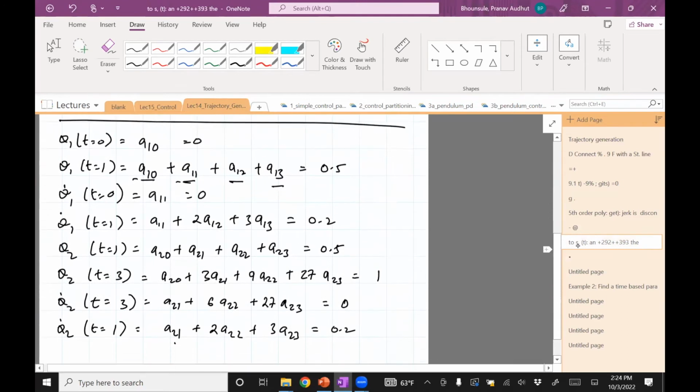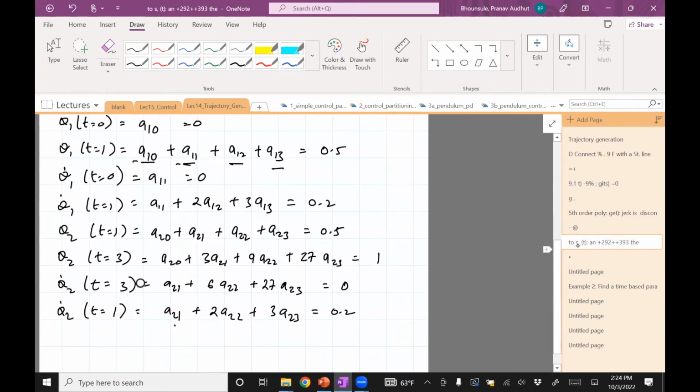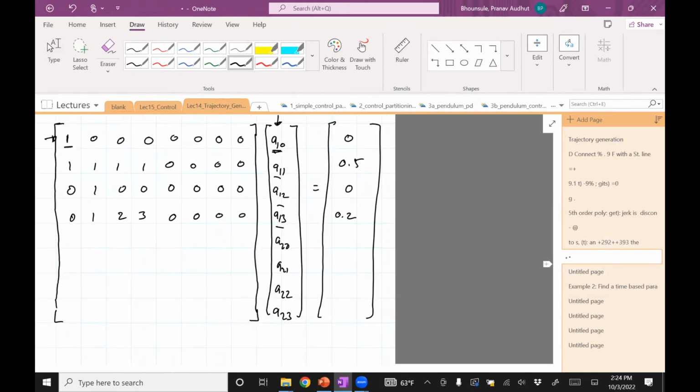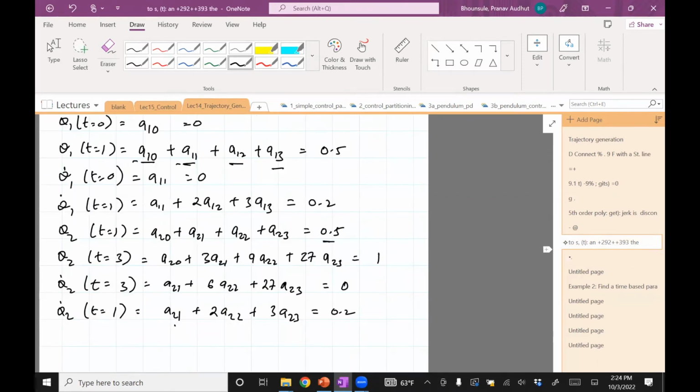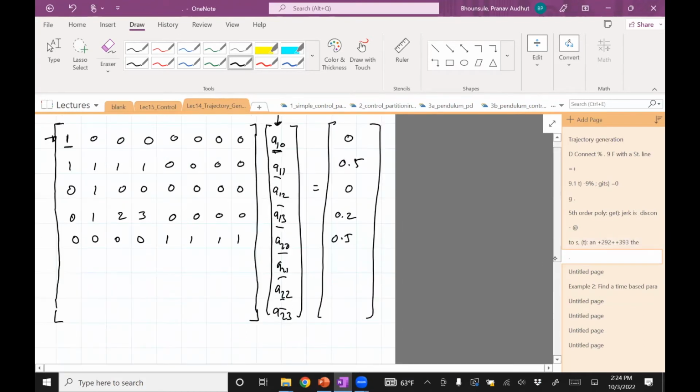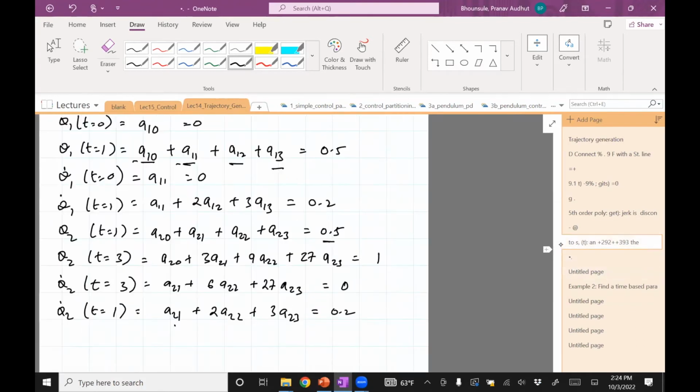Okay, next we go to the next 4 set of equations. We have A20 all the way to A23 equals 0.5. Those would be the next 4 columns, so it will be 1, 1, 1, 1 with zeros in the first four, and that should be equal to 0.5. Next, we have 1, 3, 9, 27 equals 1.